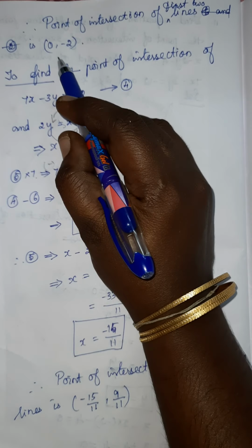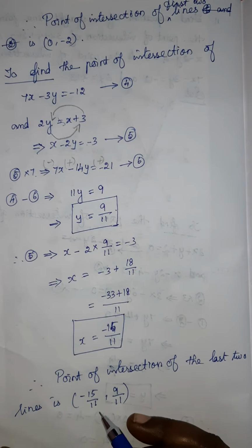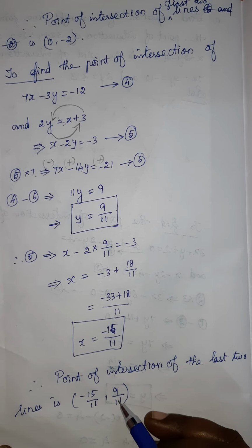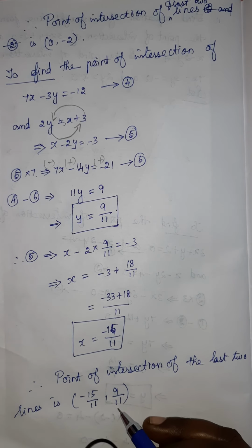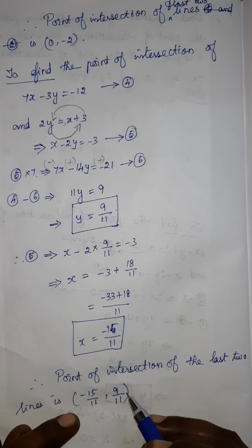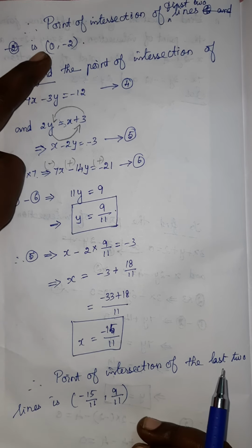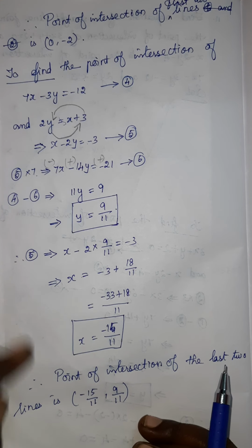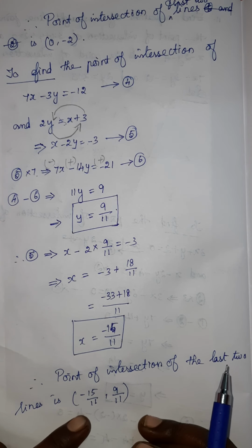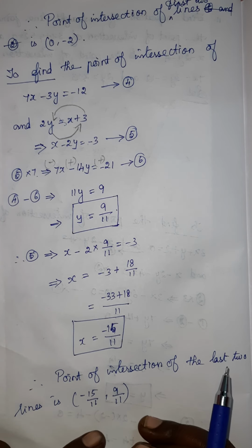First one is 0, minus 2 and the second one is minus 15 by 11, 9 by 11. Through these two points of intersection only our required line is passing. So we got 2 points on our line, so we can use the equation of a line using the 2 points formula.